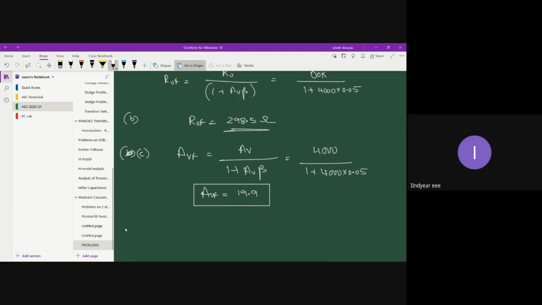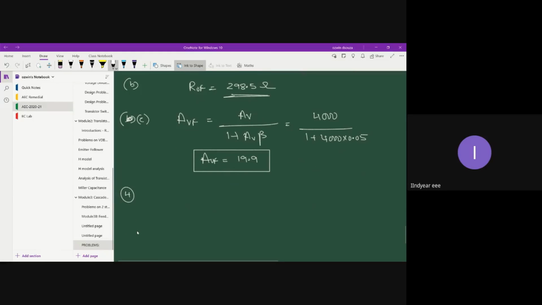Fourth problem. It is given that an amplifier without feedback gives a fundamental output voltage of 36 volt.